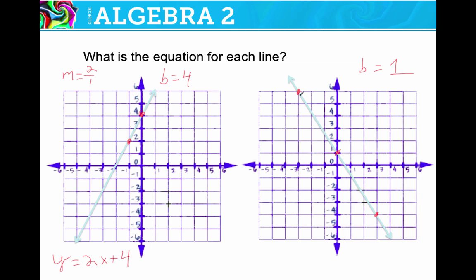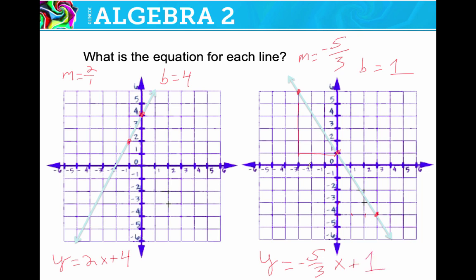I would go down 1, 2, 3, 4, 5, right 1, 2, 3. I get down 5, right 3. Let's see if that lines up. 1, 2, 3, 4, 5, 1, 2, 3. Looks good to me. Equation will be y equals negative 5/3 x plus 1.